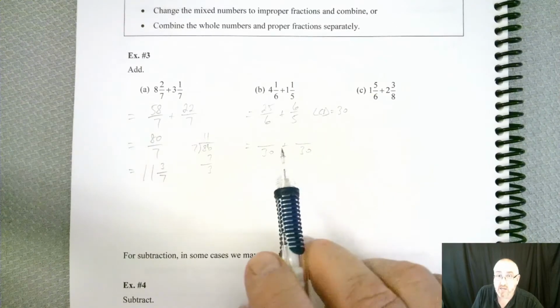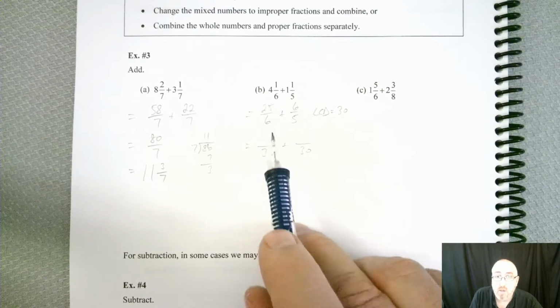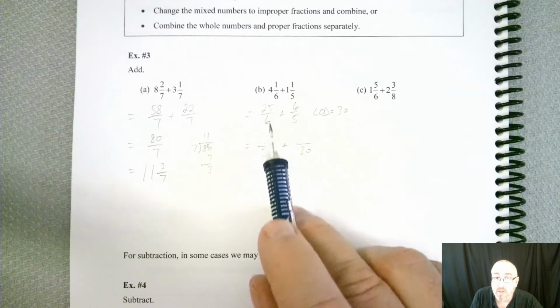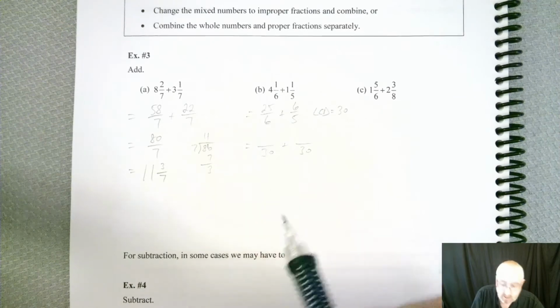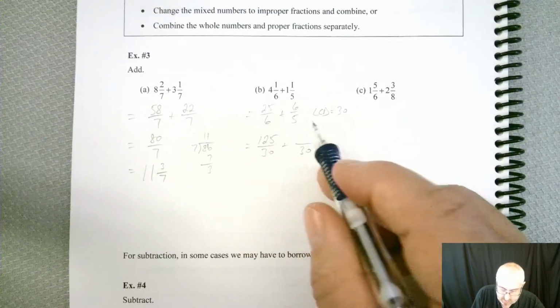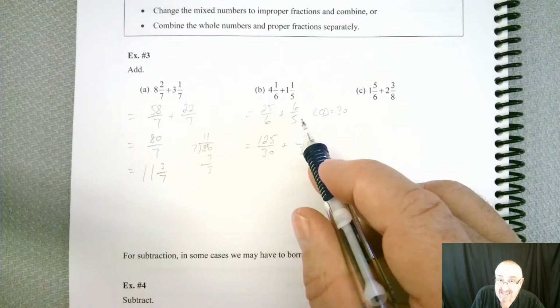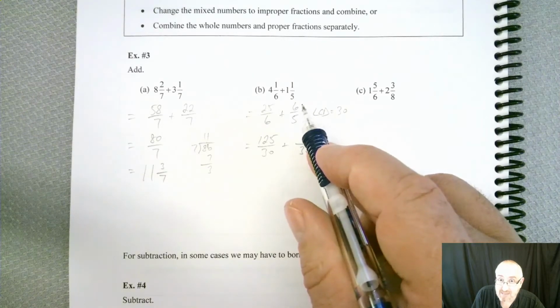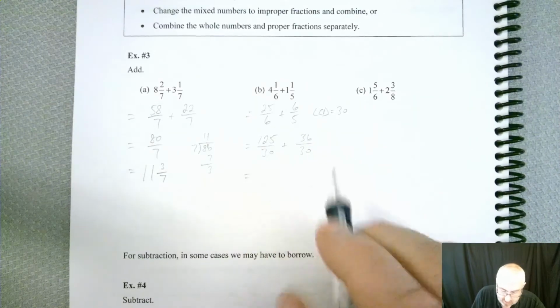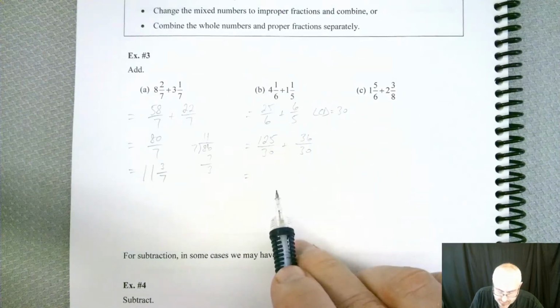So now we got to change our tops. So we had to multiply 6 times 5 to get to 30. So 25 times 5 is 125. And times that one by 6. So 6 times 6 is 36. So now we can add those.